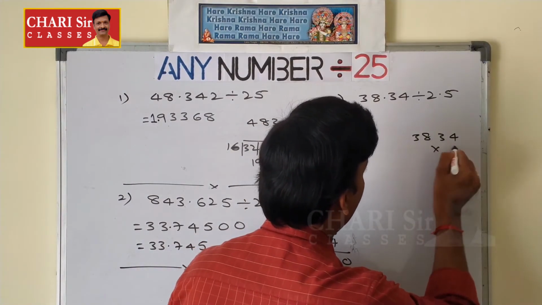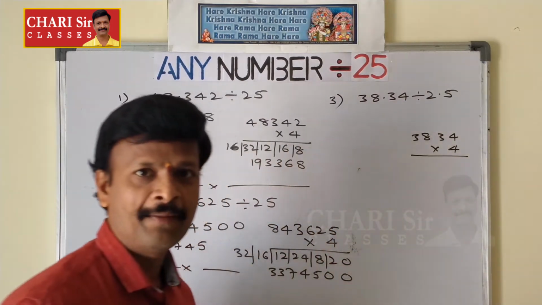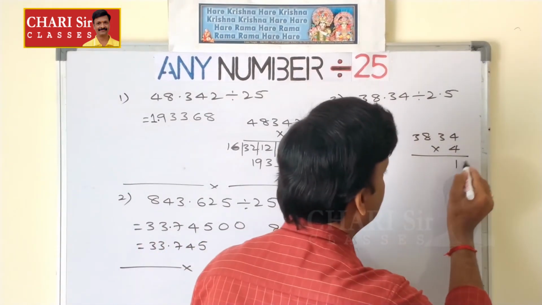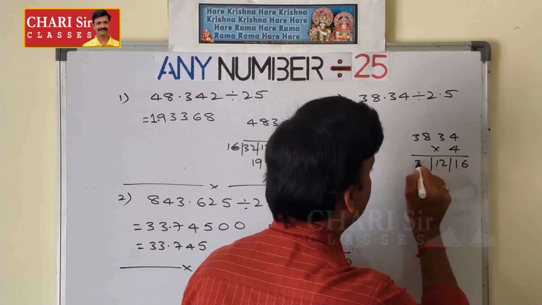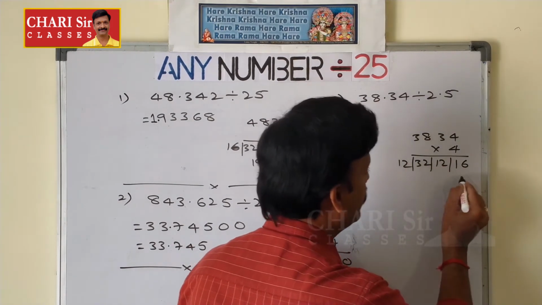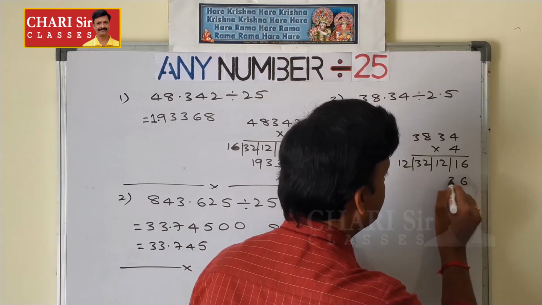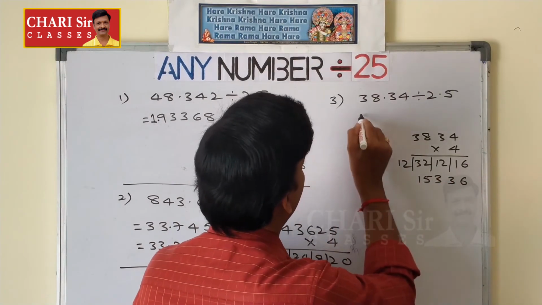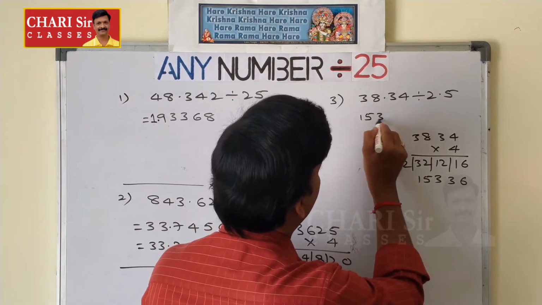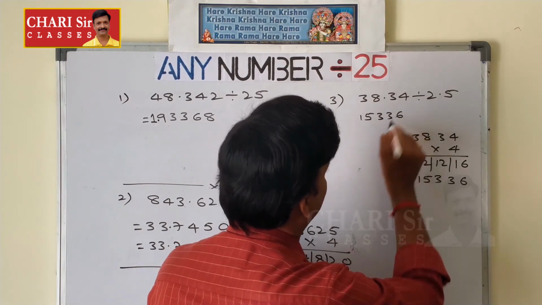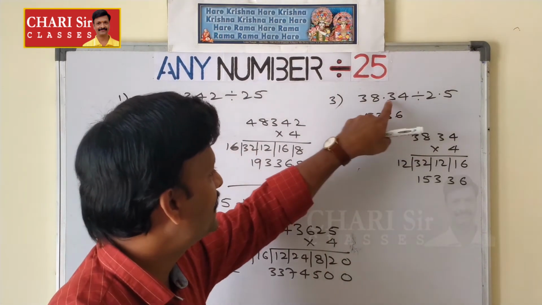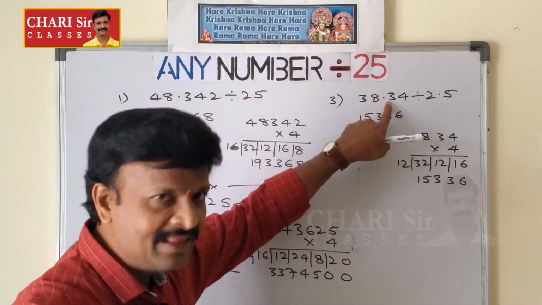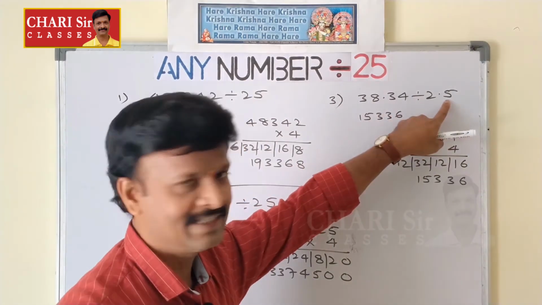3834 into 4. The same 25 technique we apply here. 4 4s are 16 and 4 3s are 12. 4 8s are 32. 4 3s are 12. So now you can write 6 3 3 1 5. So let's write down here 1 5 3 3 6. So after 2 digits there is a decimal point. And in the denominator, after 1 digit there is a decimal point.